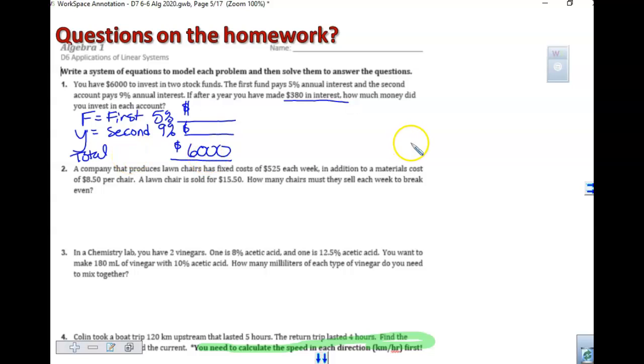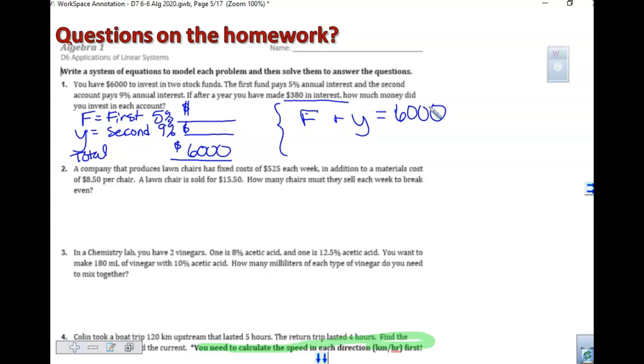So one equation is going to equal the dollars. F plus Y equals, Andrew, how many dollars do I get to invest and put in my savings accounts? 6,000.